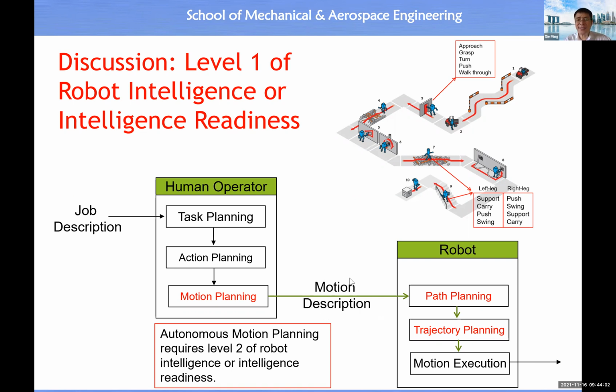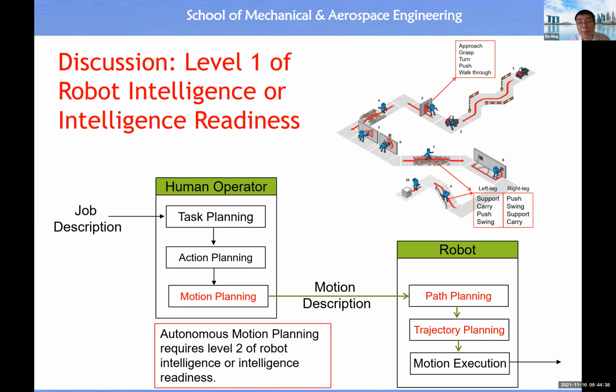Today, we can send the motion description to the robot and let the robot autonomously undertake path planning and trajectory planning, which we are going to study in the next 2 lectures, then perform the motion. This scenario was already achieved more than 10 years ago in research labs or research institutes.